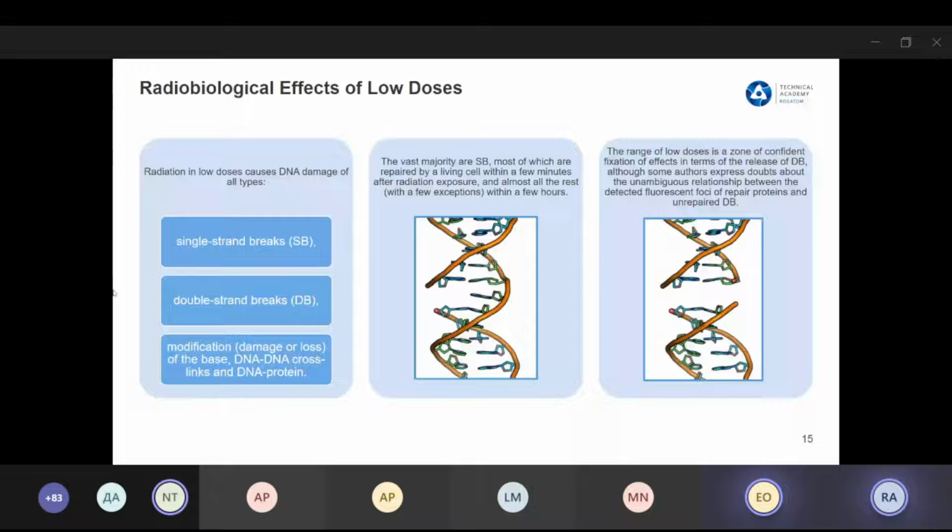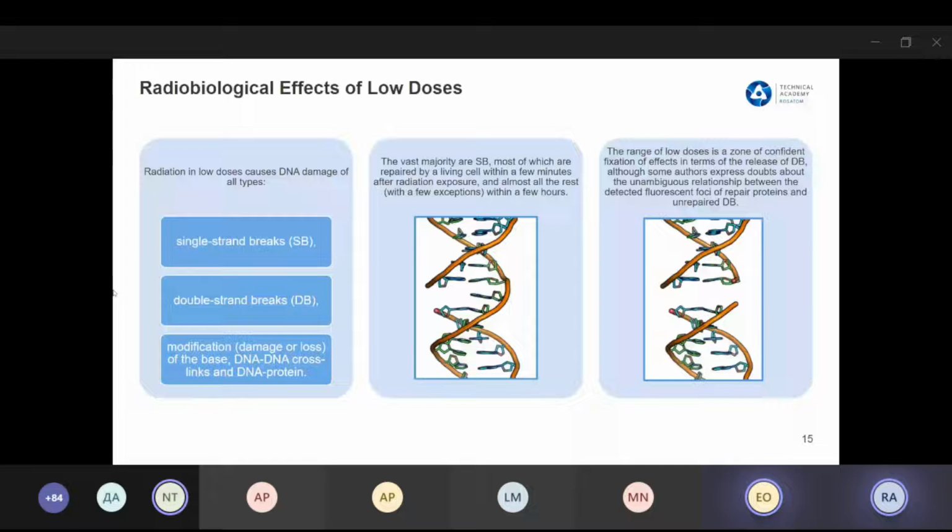However, by the end of the 1990s, there was an extraordinary increase in the sensitivity of the technique due to the development of a method for detecting double-strand breaks by the number of foci of phosphorylated histone, and somewhat later the 53BP1 protein, which can be detected by antibody fluorescence.